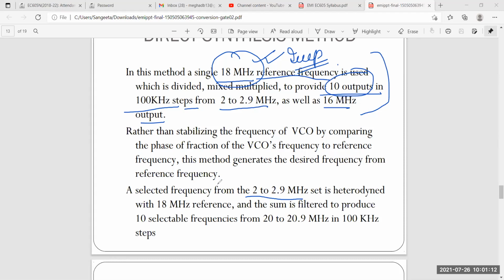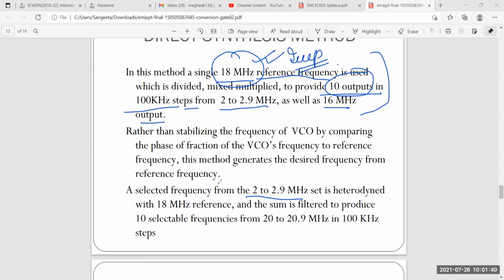With heterodyne, I think you are familiar with this word because in communication systems we learn about this term. Let's wait for a second. It's not showing. Okay, this set is heterodyned with. So what is heterodyne?